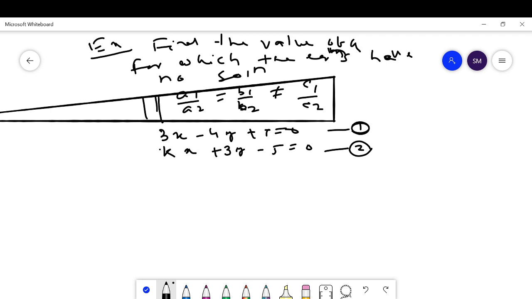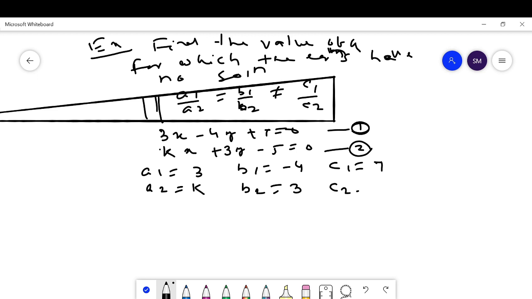What is A1 here? A1 is the coefficient of x in equation 1. A2 is the coefficient of x in equation 2. B1 is the coefficient of y in equation 1. B2 is the coefficient of y in equation 2. C1 is the constant in equation 1. C2 is the constant in equation 2.